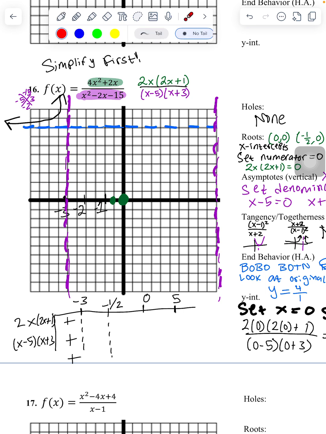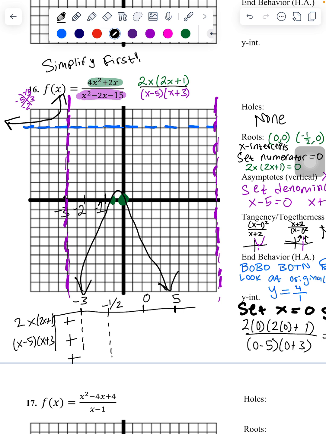Okay, now since I do not have togetherness at my vertical asymptotes, I must be going the opposite direction for this side. I want to make sure that I pass through my 2 x-intercepts, so I'm just going to do that real quick and go in that direction.